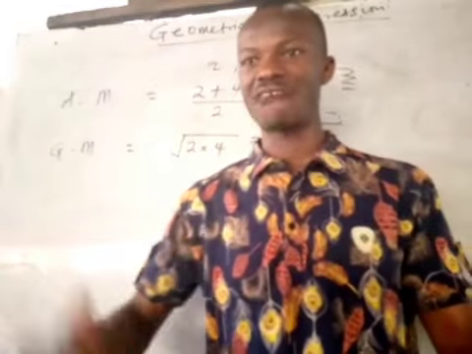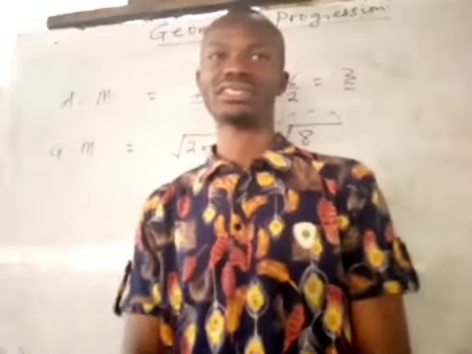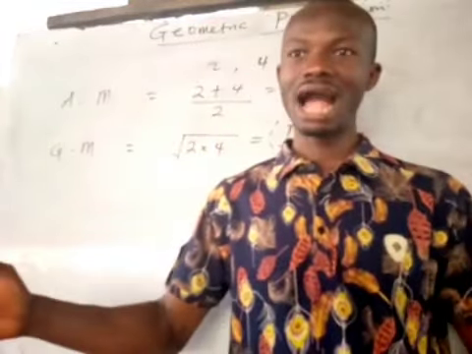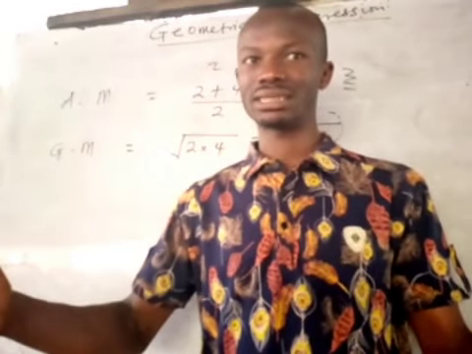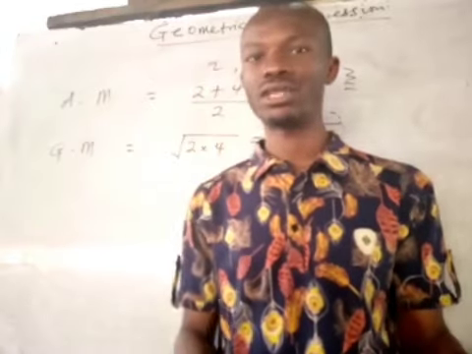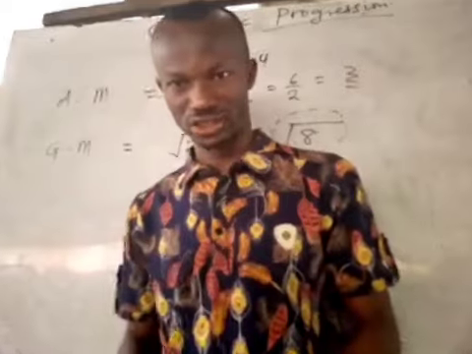Now, if I'm given two numbers and I insert arithmetic means in between them, this operation will simply yield a sequence of numbers in arithmetic progression. But if I'm given two numbers and I insert geometric means in between these two numbers, this operation will yield a sequence of numbers in geometric progression.